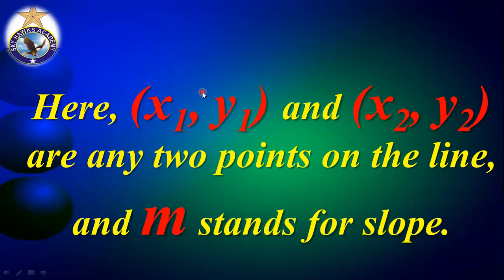These are the 2 points, very important, and we will have to find the ratio of the differences of their coordinates. What I mean to say, the difference of the ordinates to the difference of the abscissas. So y2 minus y1 divided by x2 minus x1, that will be the slope, that is a pure number m.